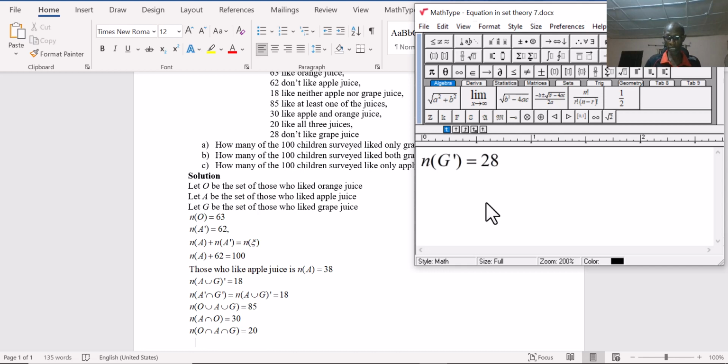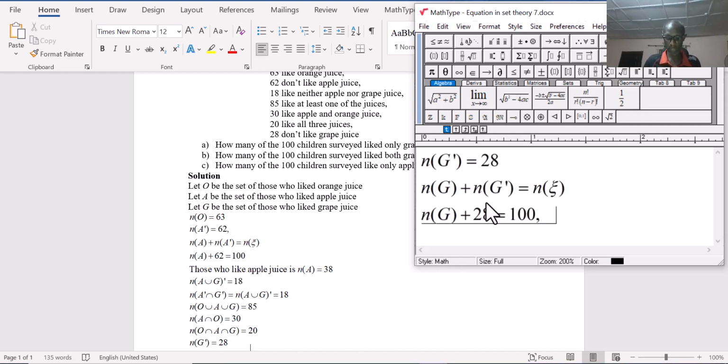So those who like it, like we have said earlier, N of G plus 28 is equals to 100.